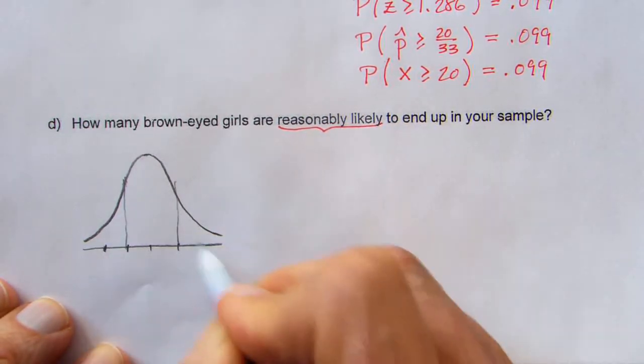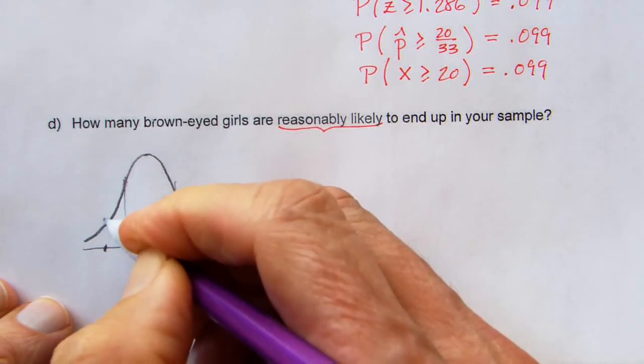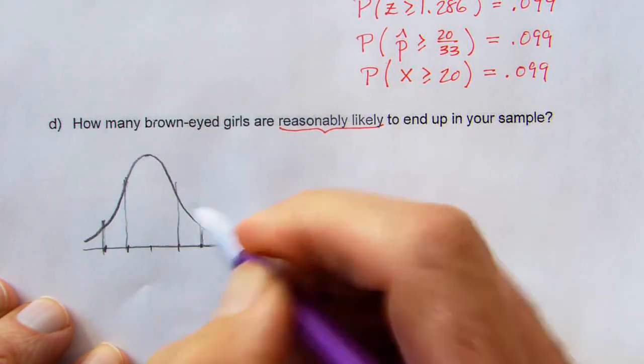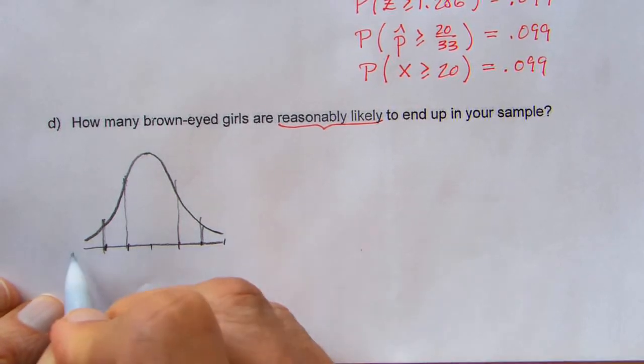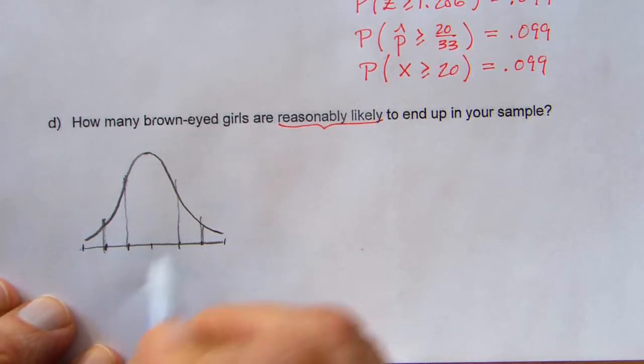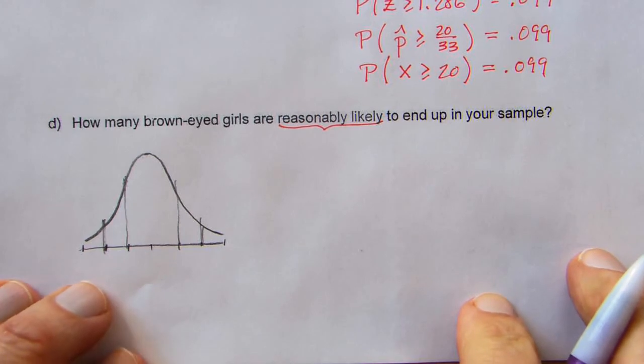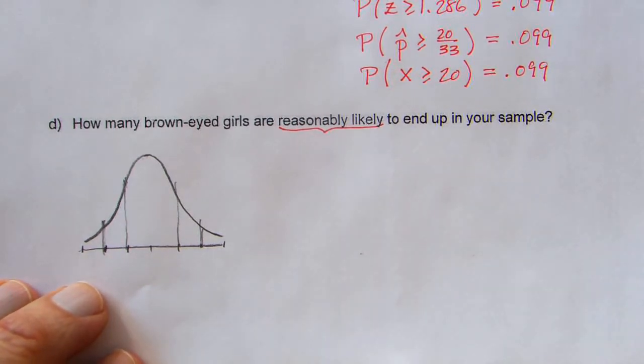Within a second deviation of the mean is about 95% of the entire distribution, and within 3 deviations of the mean is almost the entire distribution, 99.8 something percent of the distribution.